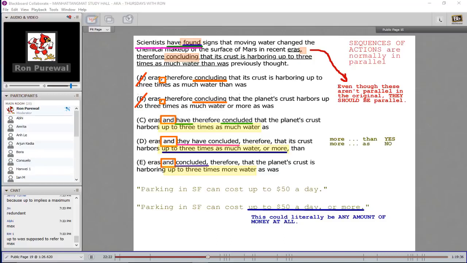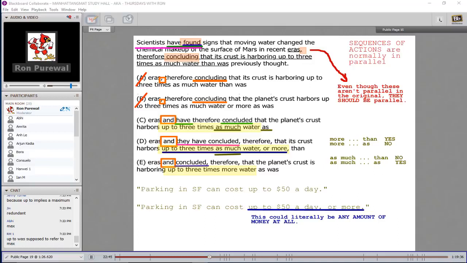As much than, nope, as much as. These are things that everybody should know after a certain amount of exposure to English. And the only one of those three that has paired those correctly is C. As much as is good.